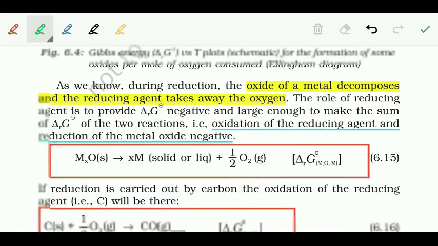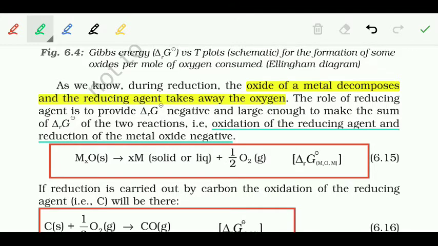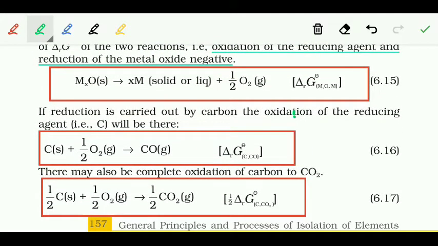As we know, during a reduction, the oxide of a metal decomposes and the reducing agent takes away the oxygen atom, meaning the metal oxide is converted into the metal. From this reaction you can clearly see that first we have the metal oxide, and after the reaction we have the metal itself and oxygen is removed. So basically you need to know about the metal oxide reaction.